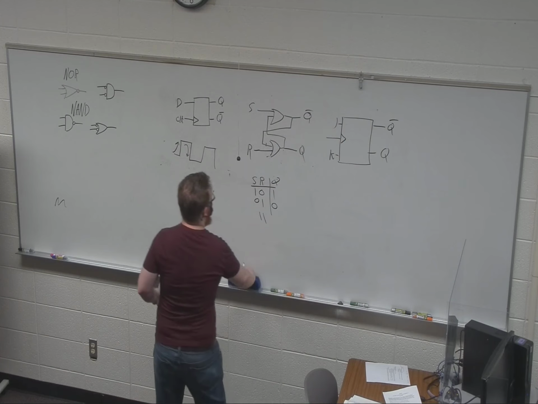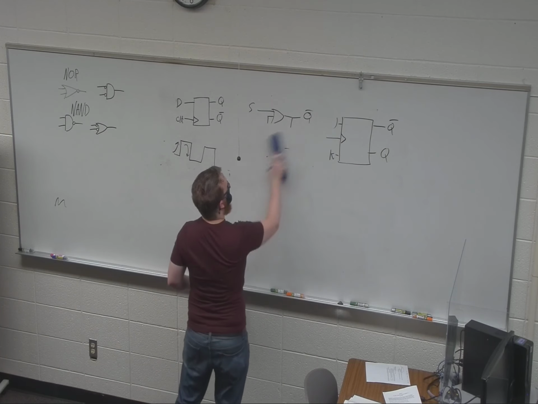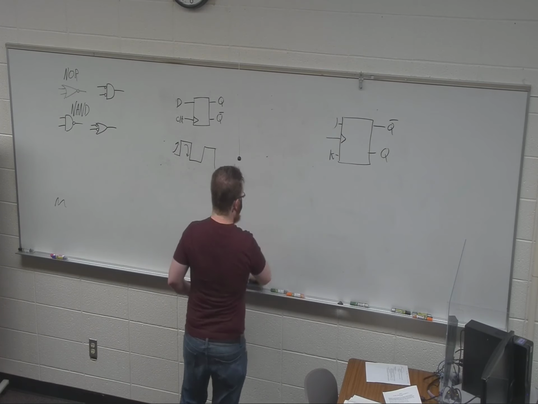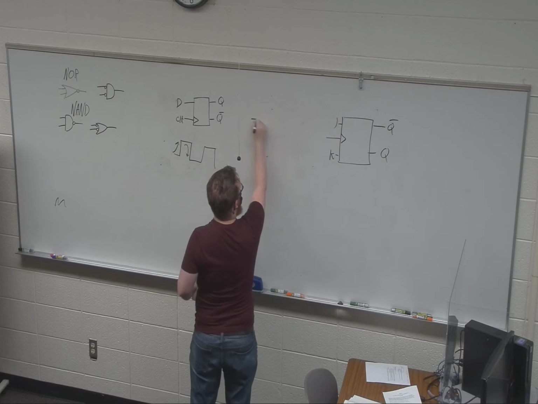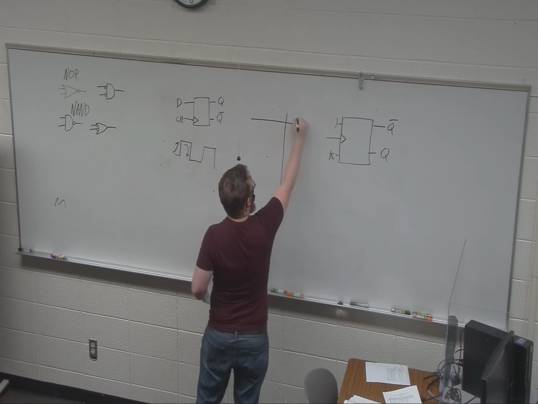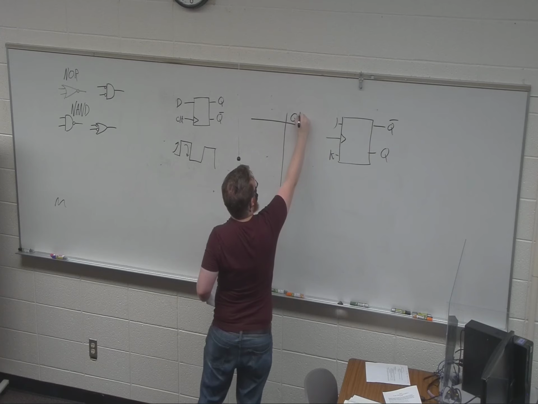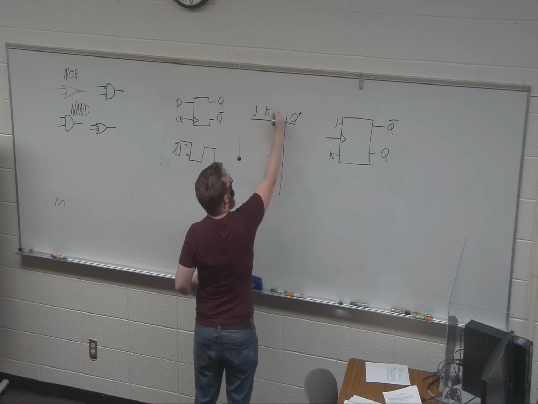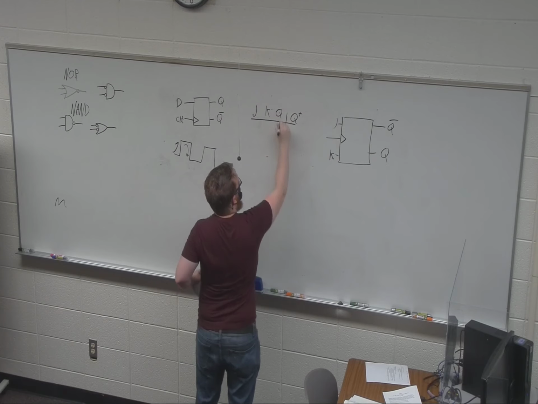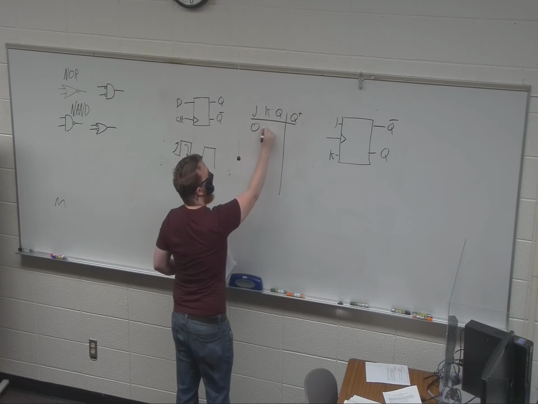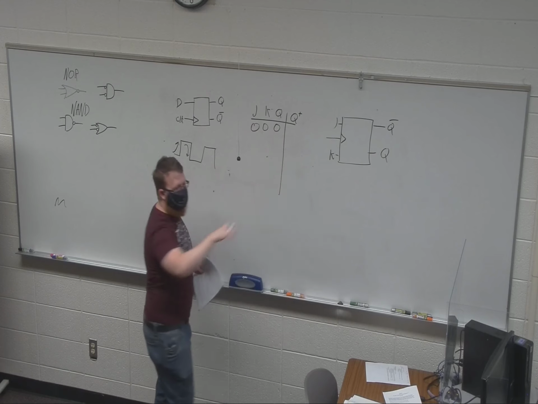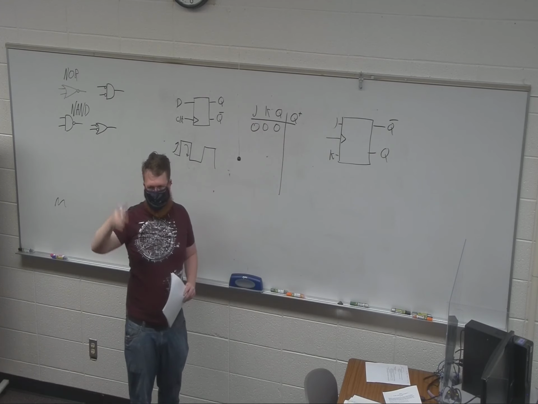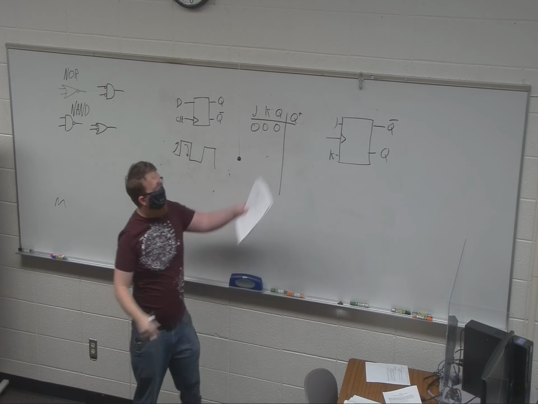So let's look at this JK flip-flop in terms of what it remembers. We have two inputs and the clock, and we're just going to assume that the clock is going to happen and then it'll load Q plus.